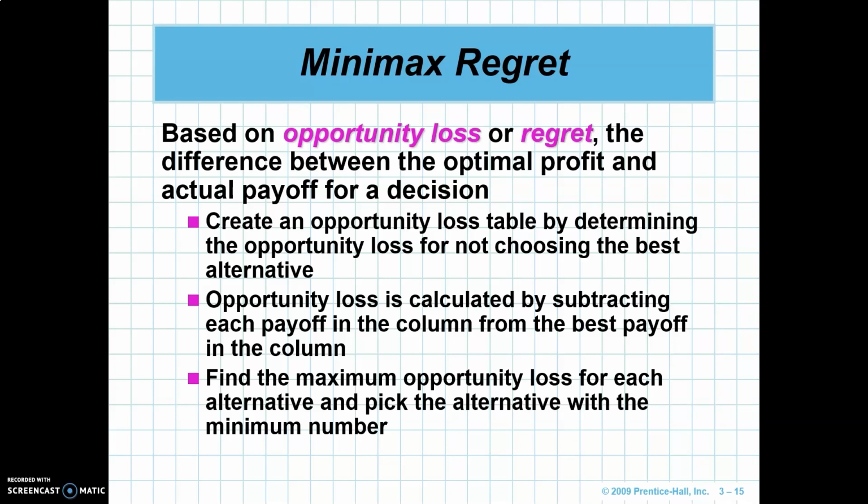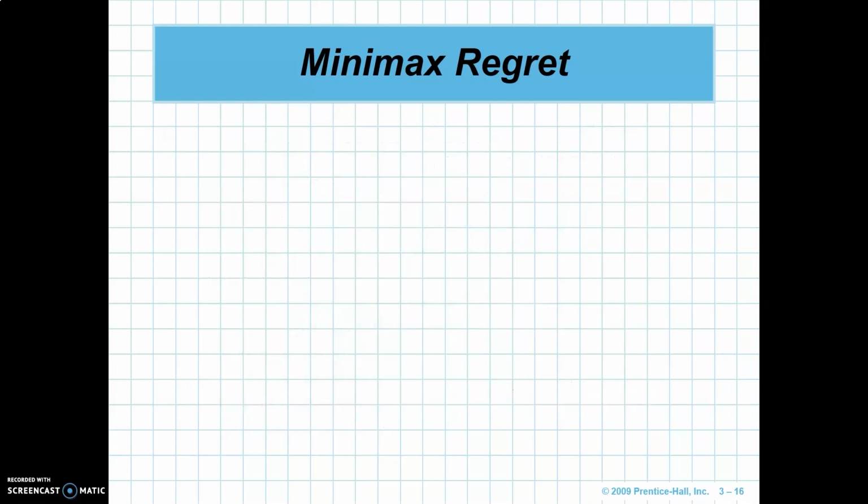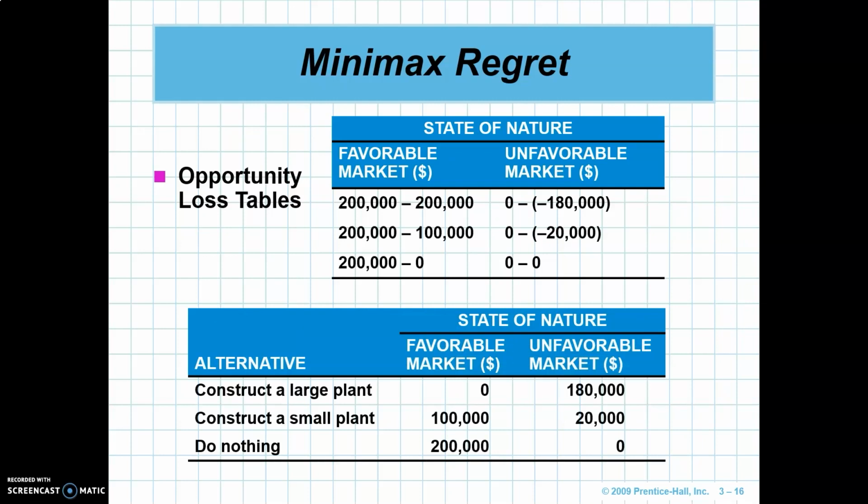Then select the course of action with the smallest anticipated opportunity loss value, right? So you find the maximum opportunity loss for each alternative and pick the alternative with the minimum number. I've discussed how it has to be done in the next slide.